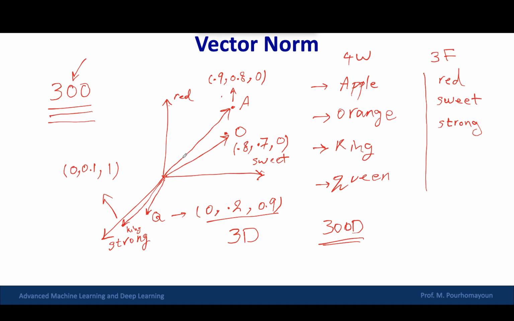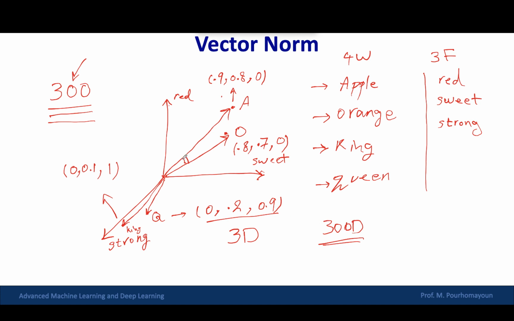So for example, the angle between two vectors somehow gives us the similarity between these two. So when you have a word apple, this angle here, apple and orange, in this space, not necessarily in 3D, in 300 space.